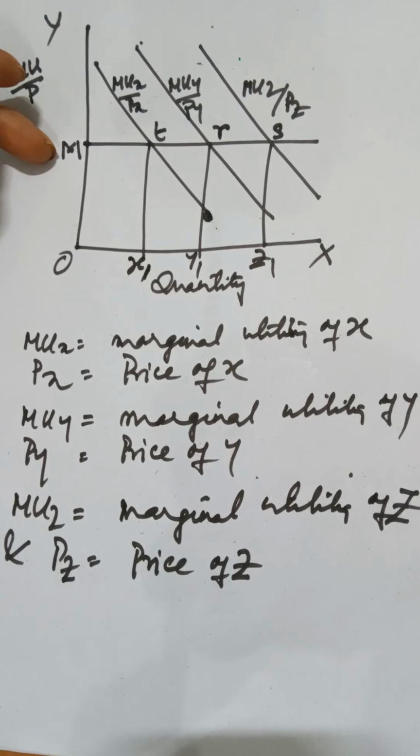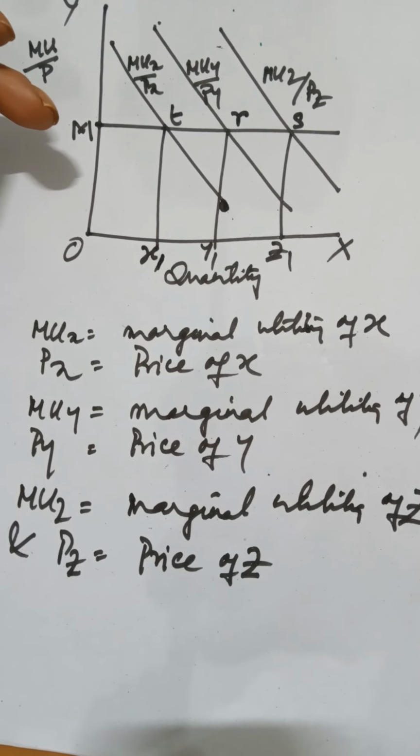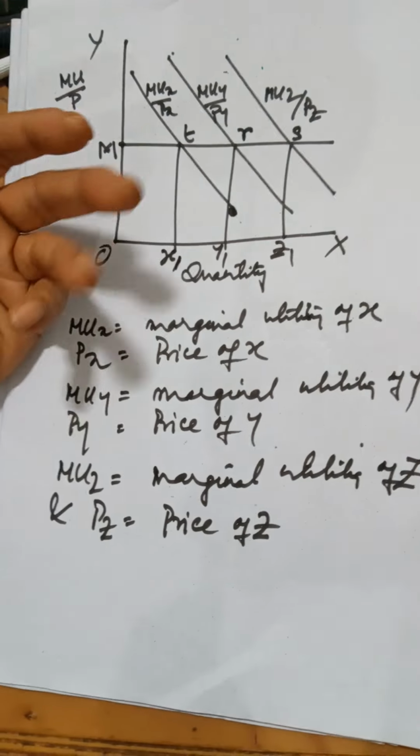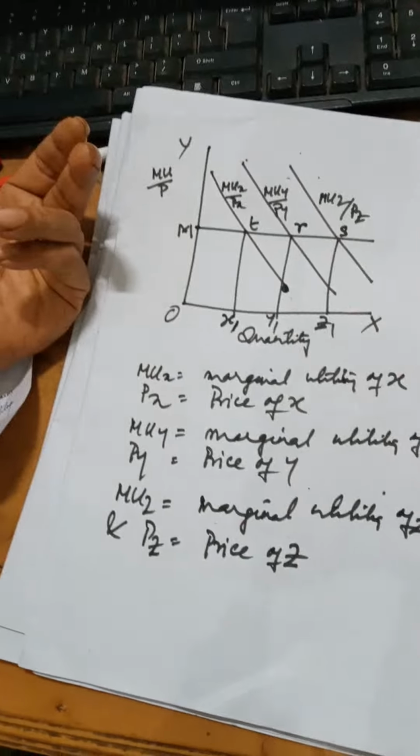So this is the case of more than one commodity when the law of equimarginal utility is applied, and we have already seen the case of one commodity.